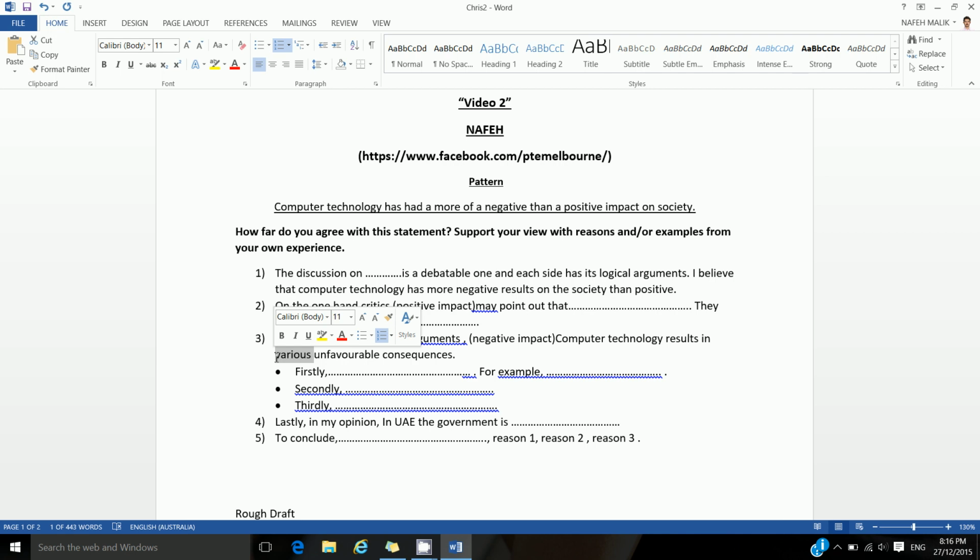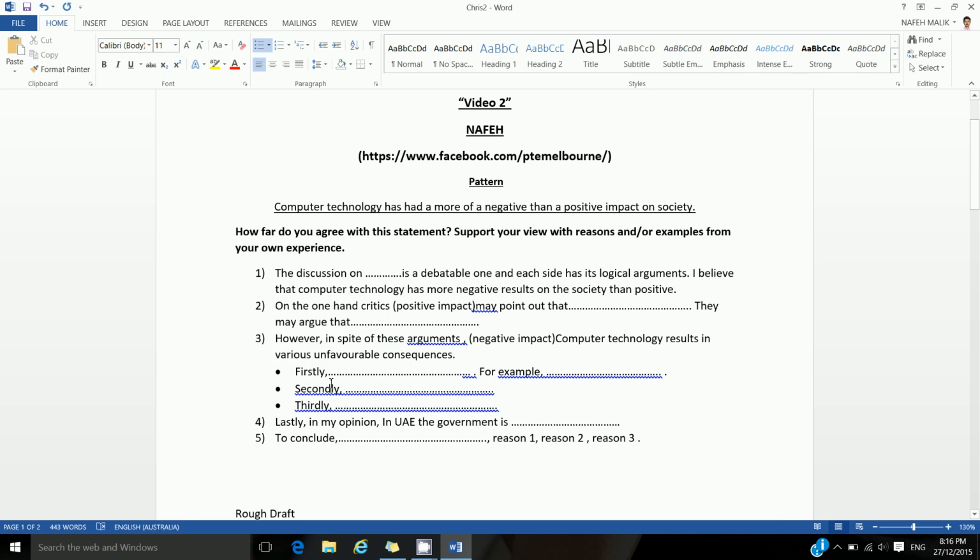The computer judges your writing not on whether you're choosing very difficult words, but it's simple English, but it should be coherent and it should be flowing. It's like a stream of water that is flowing. You don't see any breaks in the stream of water, it's always flowing. Therefore, it's about coherence. That's why you use the word various.